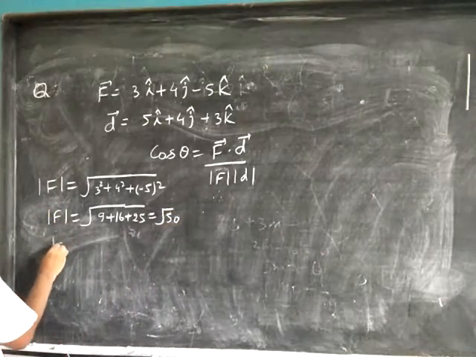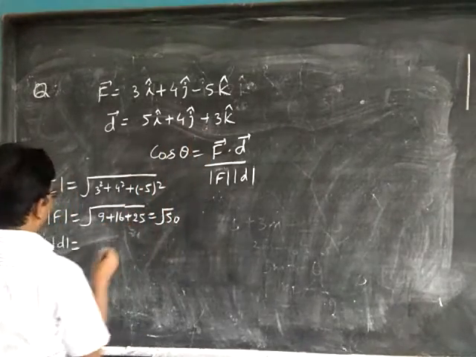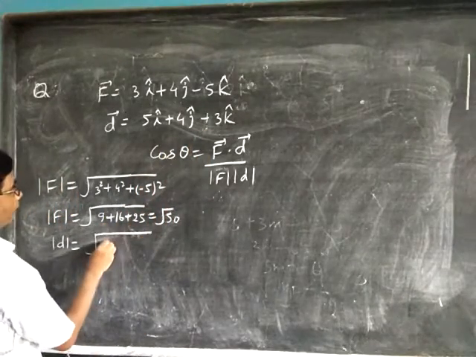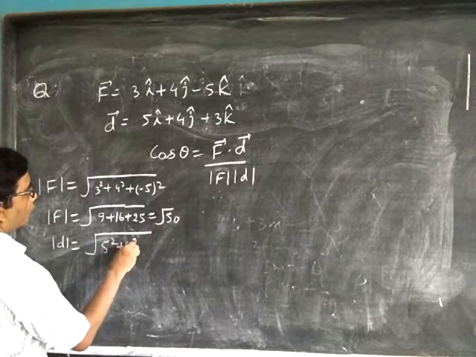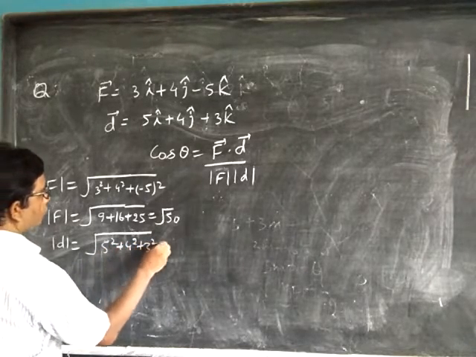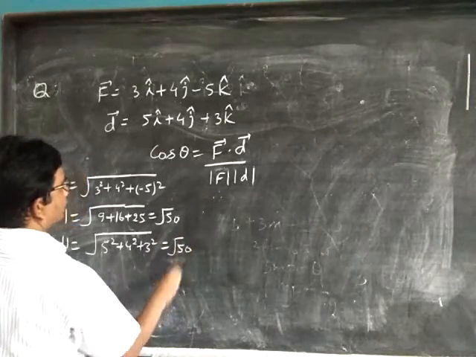Similarly, mod D is equal to 5 square plus 4 square plus 3 square, under root, that is under root 50.